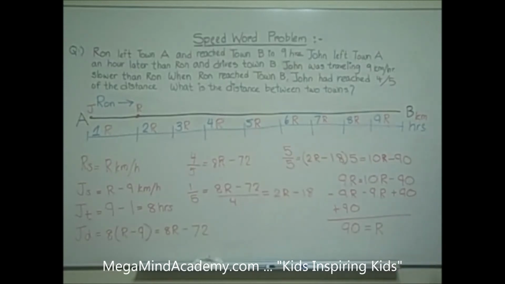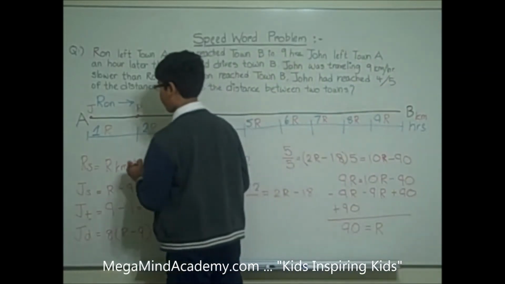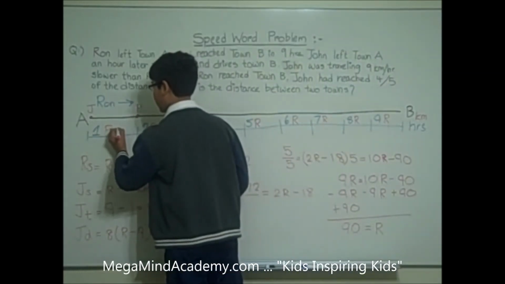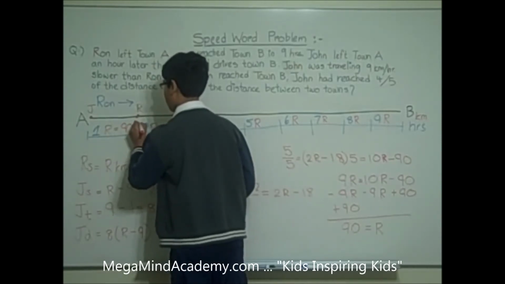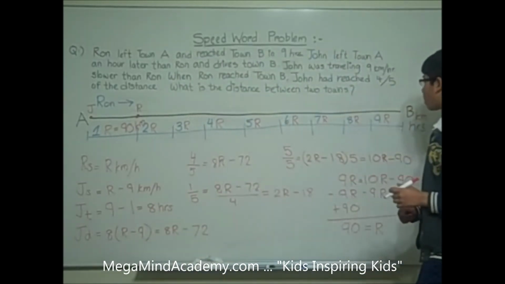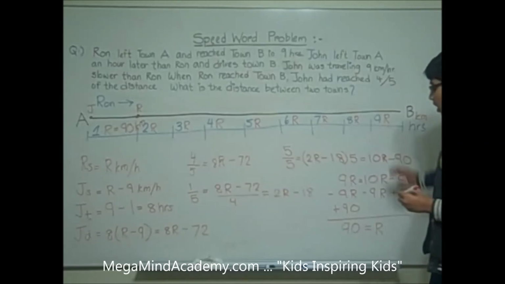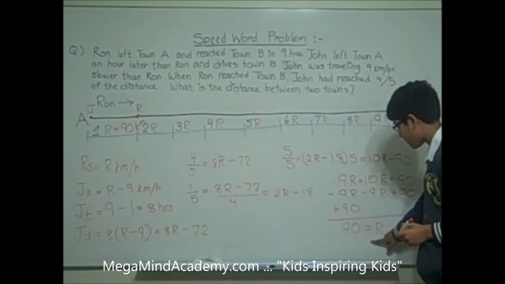Now we need to find the total distance between the two towns. Let's also label here that 1R is equal to 90 kilometers. Now, we know that the whole journey is equal to 9 hours, so R is equal to 90 kilometers.